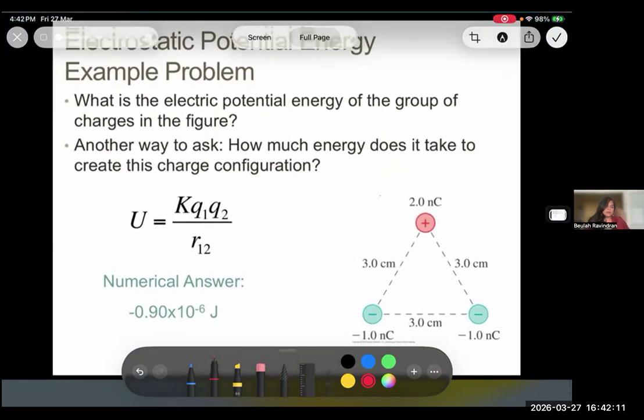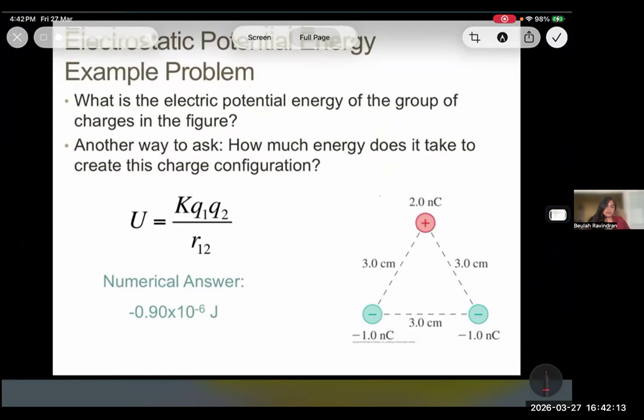What is given here? Negative charges here, both are negative. Here, both are positive. Then positive, negative. You know how we can calculate this? The same formula, right? This is the formula. So it might be asked like, how much energy does it take to create this charge configuration? That will also be asked.